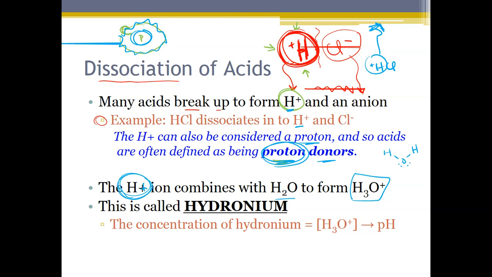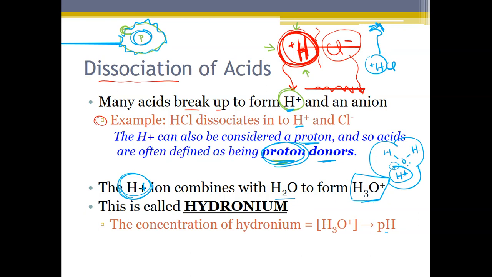The positive H plus and the negative electrons here are attracted to each other, and then they just stick together like little magnets. So we go from H2O to H3O, but because that hydrogen ion was positively charged, it brings its charge with it. This is called hydronium. H3O plus is called hydronium.